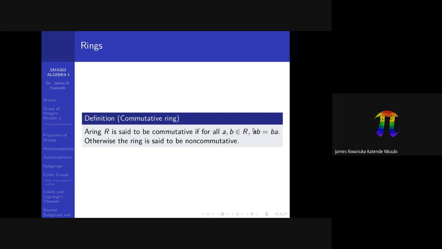If in addition to that, the multiplication is also commutative for all elements in R, then we say the ring is a commutative ring. And the opposite is that it is non-commutative. So we have commutative rings, and we also have some non-commutative rings.